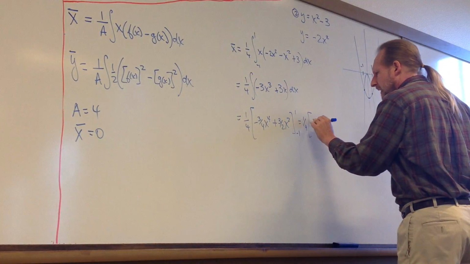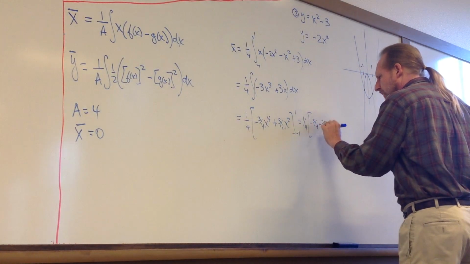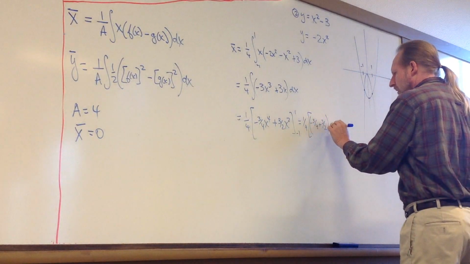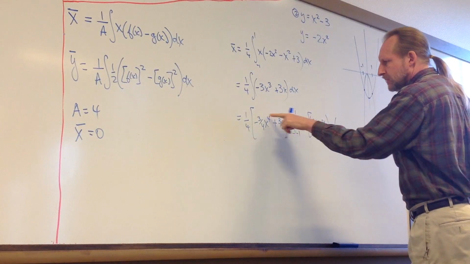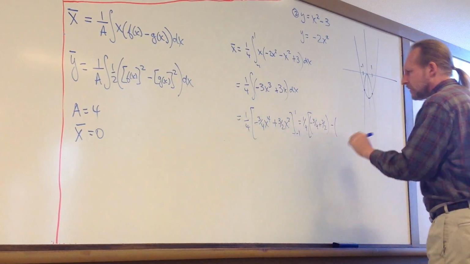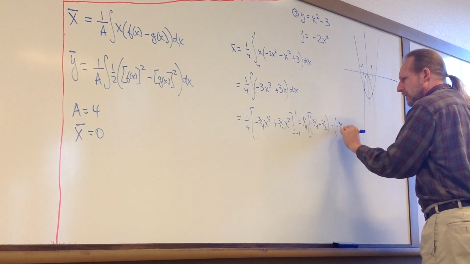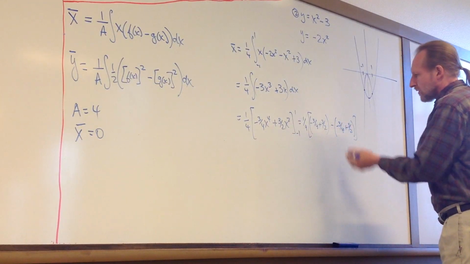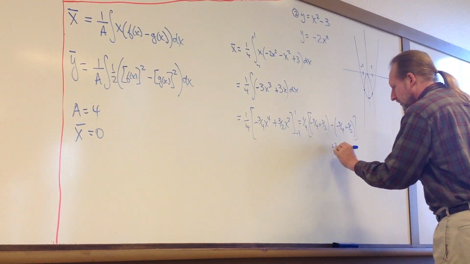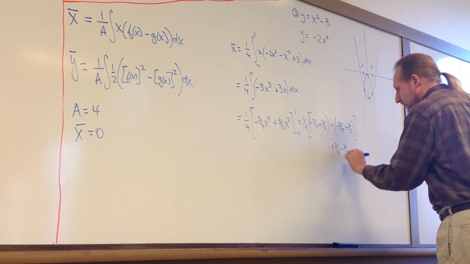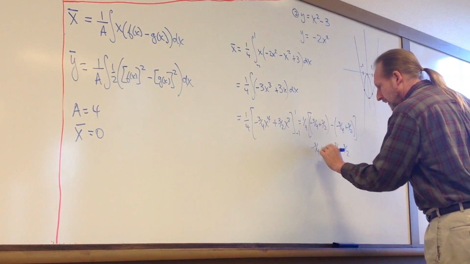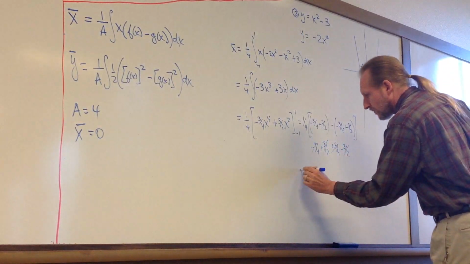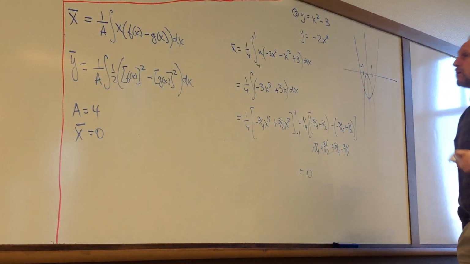So let's see, negative 3/4 plus 3/2, that's for the positive 1. And then the negative 1, because these are even powers, we're also going to get negative 3/4 plus 3/2. So this will be plus 3/4 minus 3/2, and that will cancel these out exactly. And that gives us x bar equal to 0.